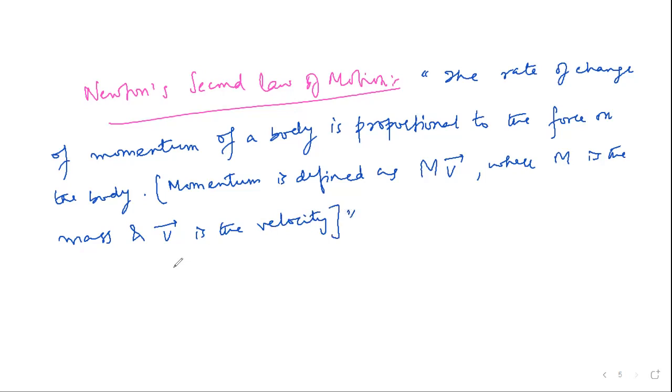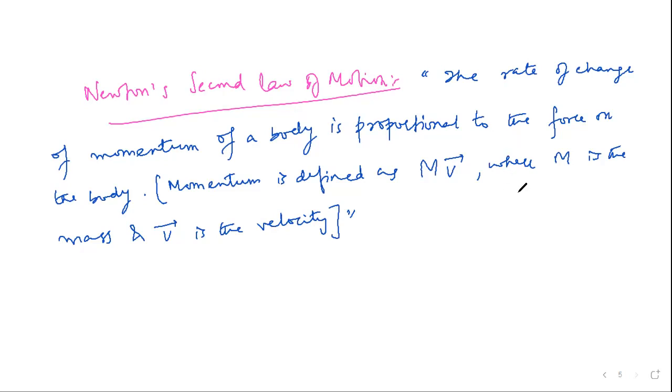The statement is the rate of change of momentum of a body is proportional to the force on the body. Momentum we define as mv product, where m is mass and v is velocity.